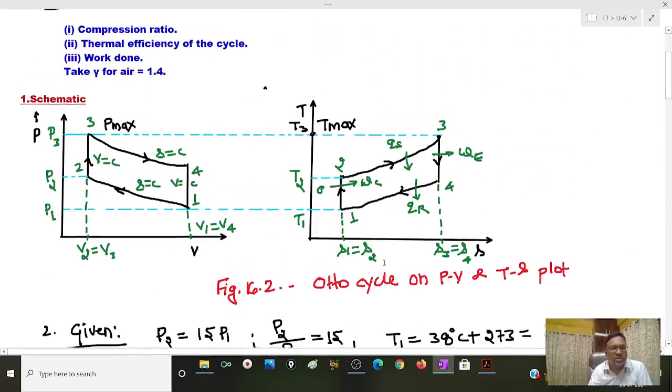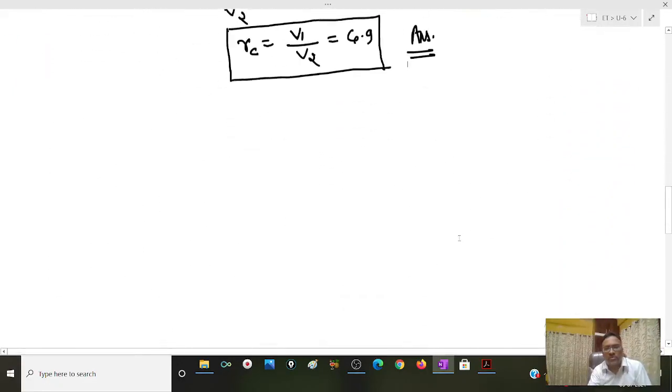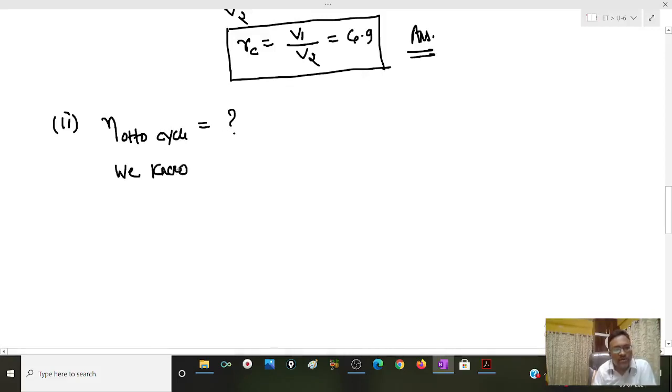Now number 2 is the thermal efficiency of the Otto cycle. We know that the thermal efficiency of the Otto cycle is given by the formula 1 minus 1 over Rc^(gamma minus 1).